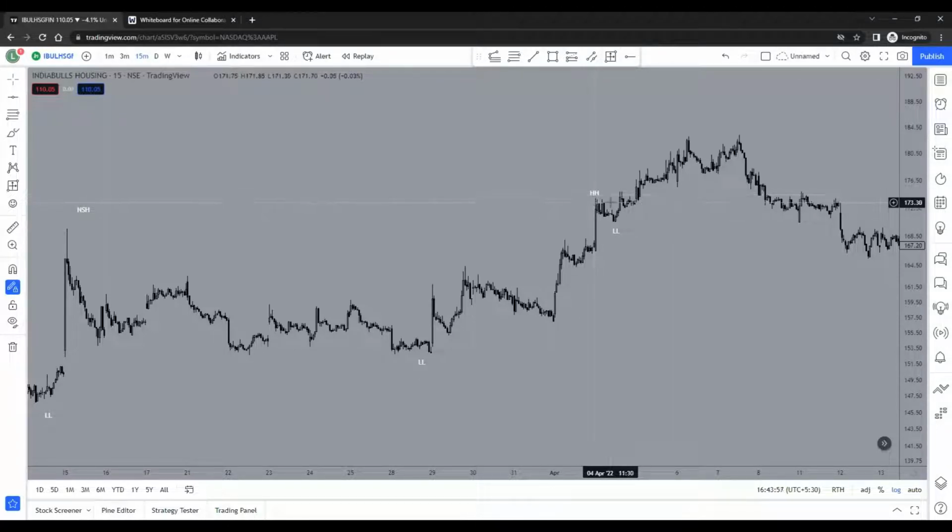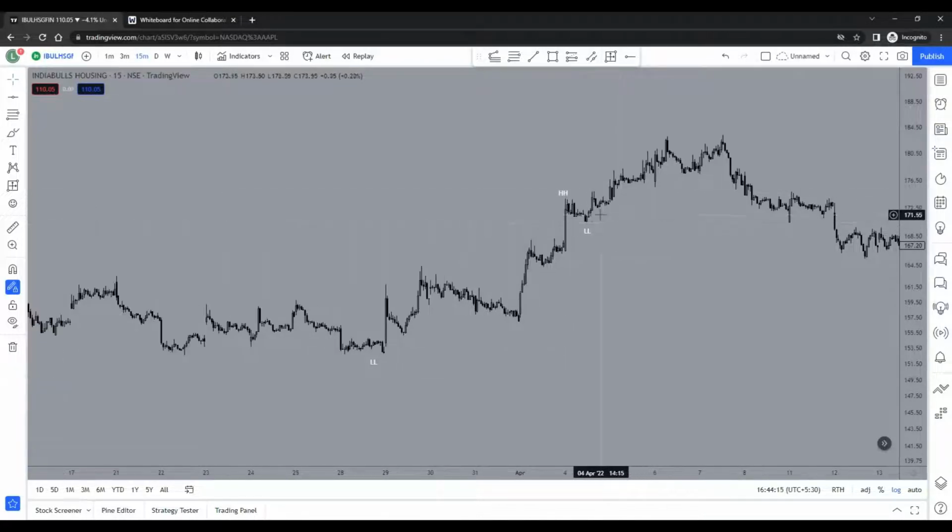Once a higher high is made, there are people or participants who are looking to book profits. You see, so they have booked the profit here. It has made a lower low, and again the buyers have taken control over here, and they have lifted the market to a new high, which is a higher high.